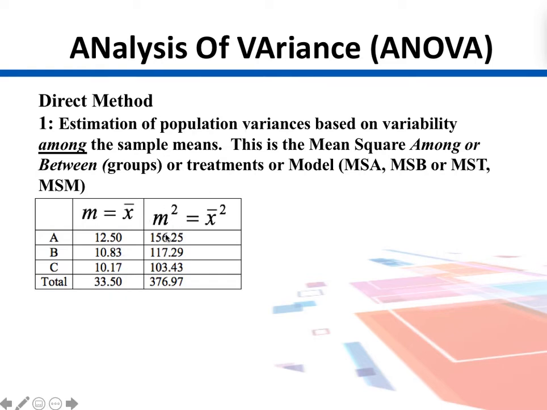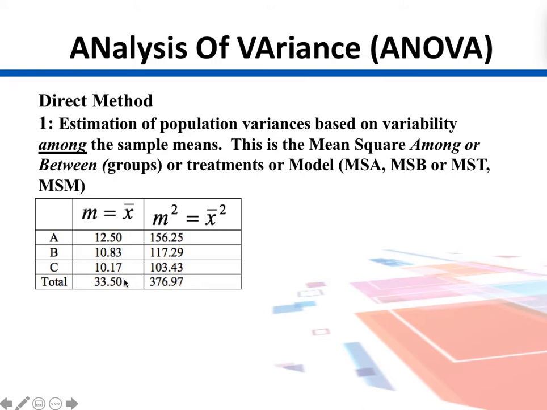And again we take the squares of these means, so this is x bar squared. The first mean squared is 156.25, then the second, third, and finally we sum over these x bars, the sum of squared means.